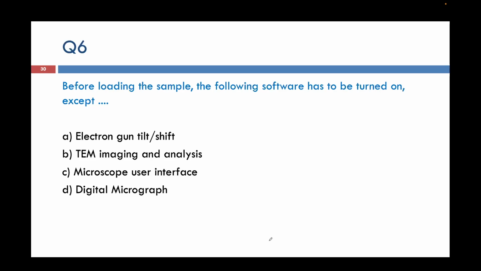Electron gun tilt shift, microscope user interface and digital micrograph will all be opened before we load the sample, because after loading the sample we use these parameters or conditions to align the sample, and then we create the vacuum.